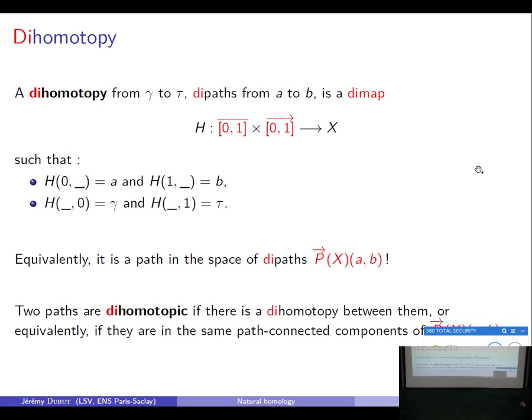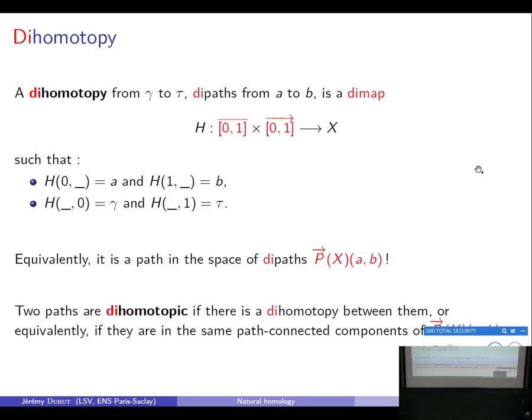So we choose the following ones. Here we choose the dipaths as the constant paths, and here the dipaths are monotonic paths, which means essentially that a dihomotopy is a continuous deformation of dipaths, during which we stay a dipath during the deformation, but we do not care about the directedness of the deformation itself. Equivalently, this says that a dihomotopy is just a path in the space of dipaths.